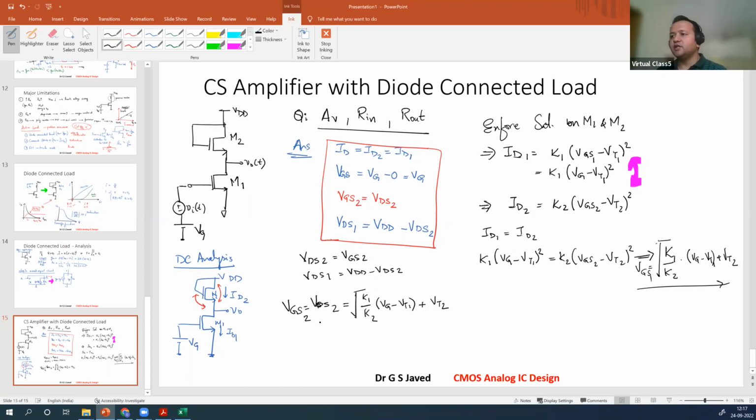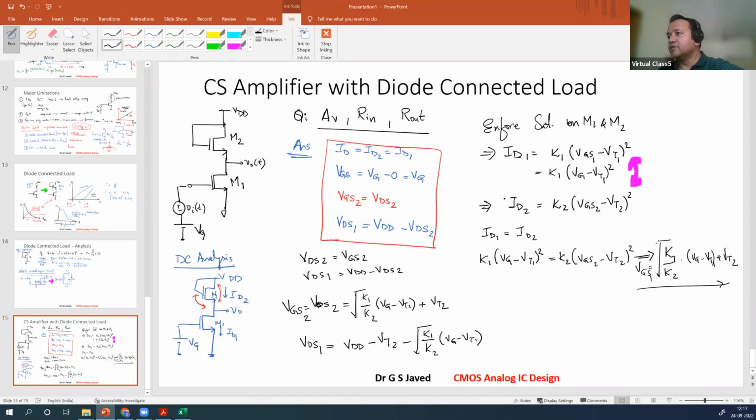Now what is VDS1? VDD minus this value. That will be given as VDS1 is equal to VDD minus VDS2. So VDD minus VT2 minus square root of K1 by K2 times (Vg minus Vt1). Now, is our assumption correct? If our assumption has to be correct, what do we do?